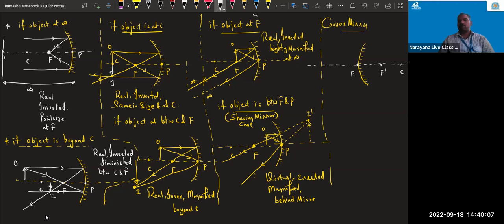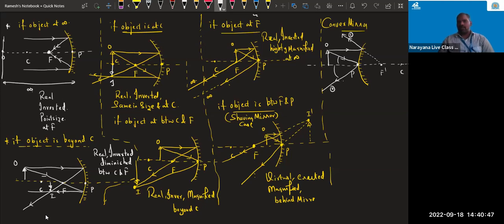Now listen. If you keep any object like this, an arrow, one ray of light will fall like this. How will it go? Compulsorily, apparently reflected through the point of focus only, no? Say yes or no. And if one more ray of light falls at the pole, how will it go? According to laws of reflection, angle of incidence equals angle of reflection. Do they meet really? This reflected ray number one and reflected ray number two, do they meet really?